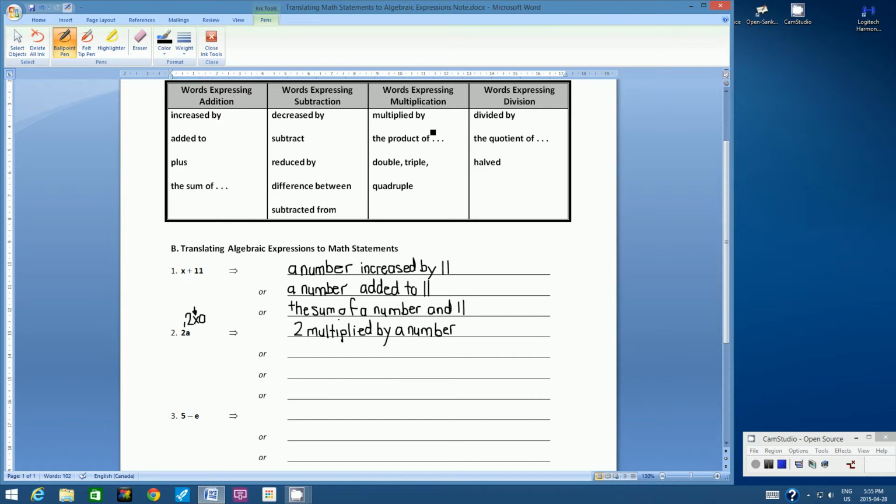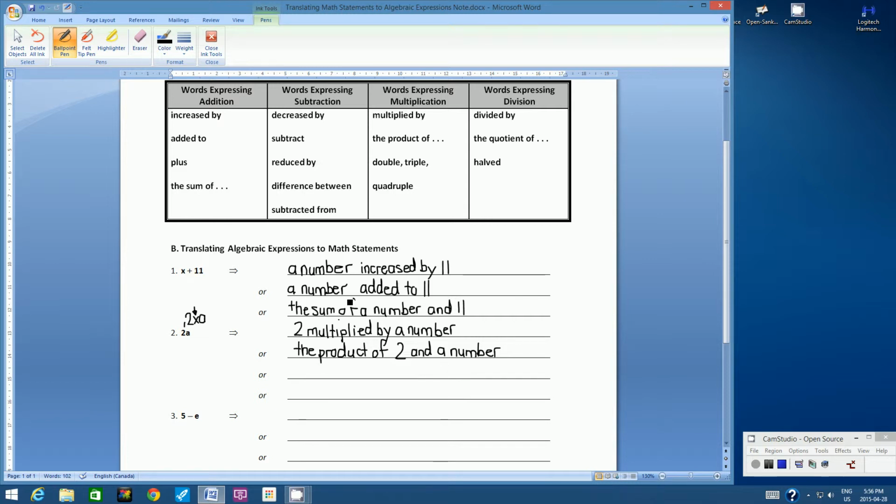So how about we use the second phrase here, the product? So let's go on to another example. Now for this example, we're going to actually write down 4 different math statements. Okay? So how about we use the product of 2 and a number. The product of 2 and a number.